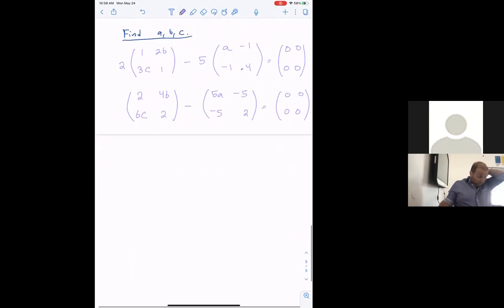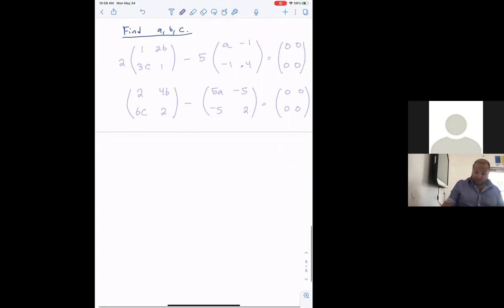What do I do now? Well, let's subtract these matrices. 2 minus 5a will be the first slot. 4b minus -5, so plus 5, will be the second slot. 6c minus -5 will be the third slot. And then 2 minus 2, or just 0, will be the fourth slot. And we want this to be equal to 0, 0, 0, 0.